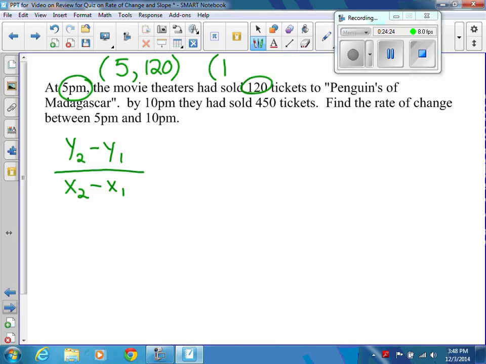You should have said 10 and 450, because at 10 p.m., they had sold 450 tickets. All right, again, let's label these. This is going to be x1, y1, and this is going to be x2, y2. Okay, so let's go ahead and plug in our numbers.